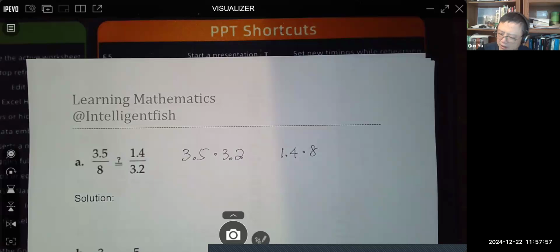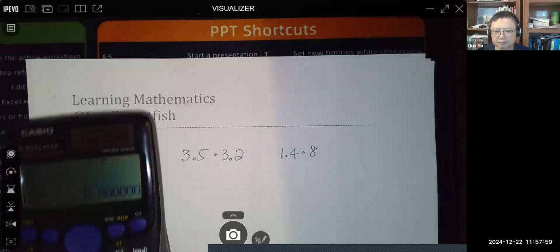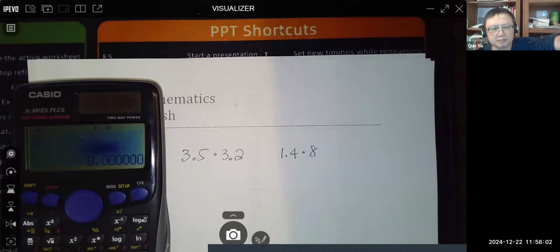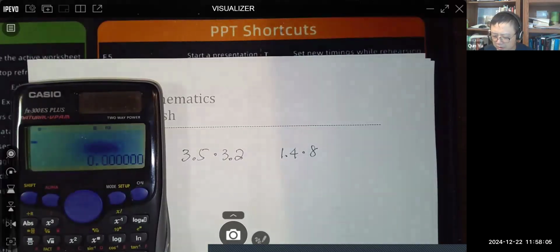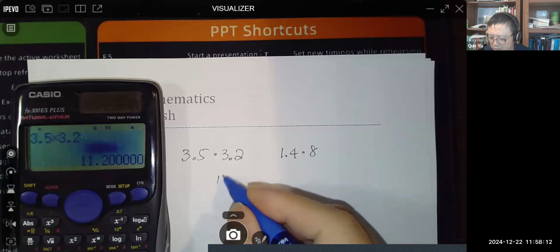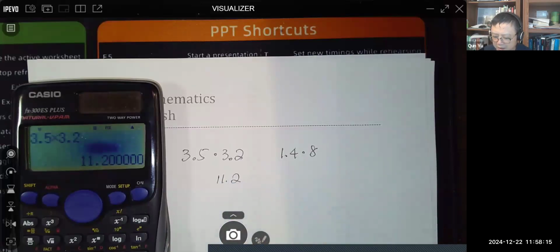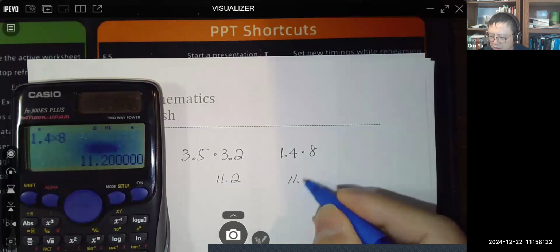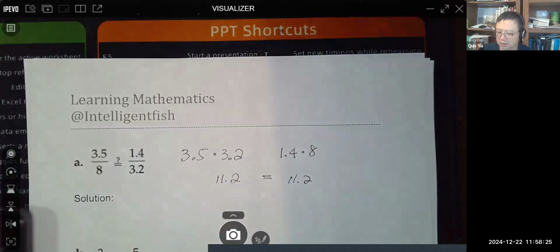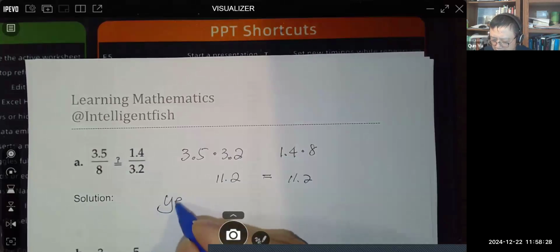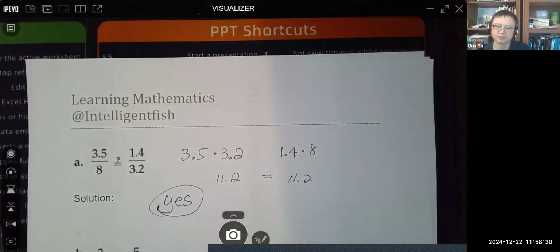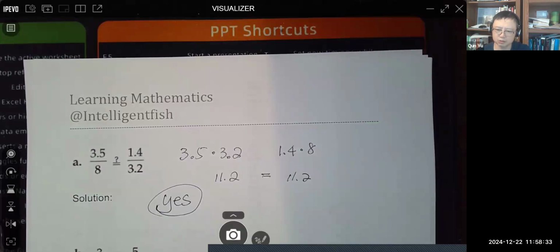Now let's use the calculator. 3.5 times 3.2, I get 11.2 on one side. The other side is 1.4 times 8, 11.2. So they are equal, the cross products are equal. The answer is yes. So this is a proportion. Very straightforward, very easy to do.